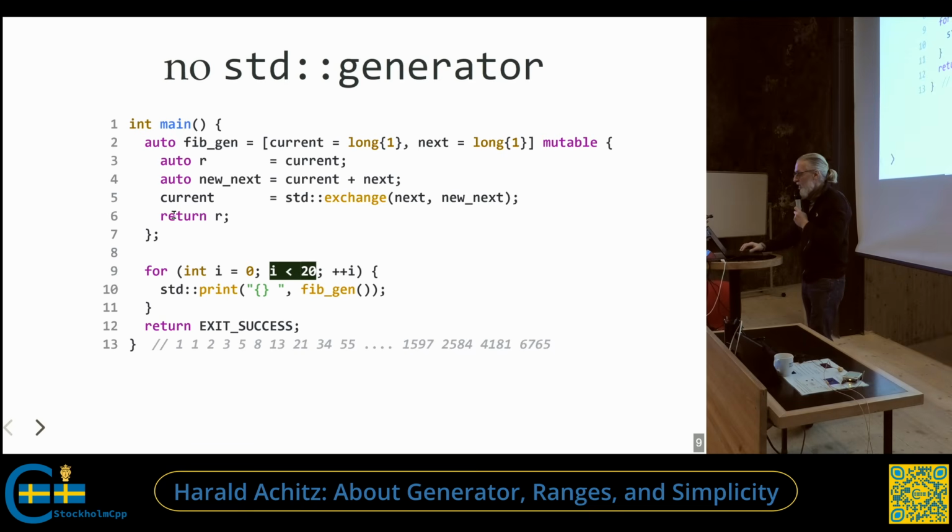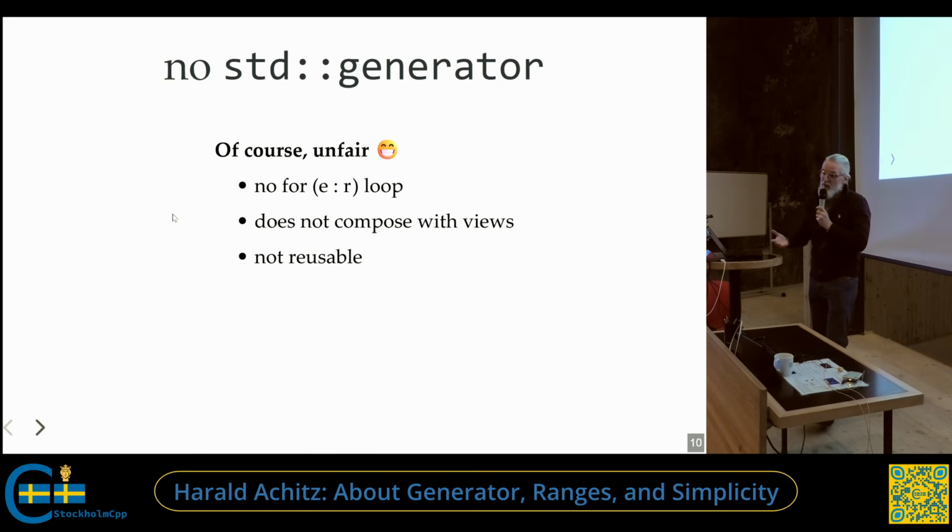But this is of course totally unfair, this comparison, because there is no range-based for loop with this code. It does not compose with views, and reusability. I said you can package this in a functional way, then it becomes reusable, but not my toy example.